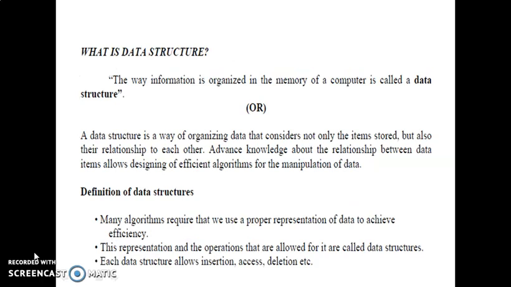Next. So you already know what data structure is. Data structure is nothing but the way information is organized in the memory of a computer. How we organize and store data in a computer is what is called a data structure.